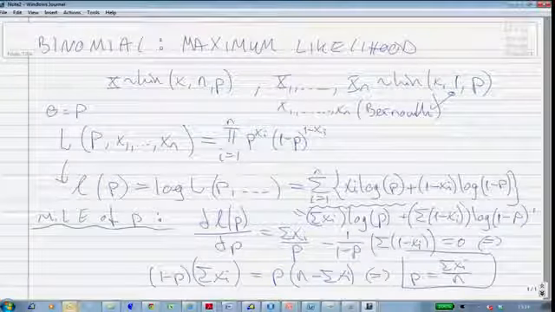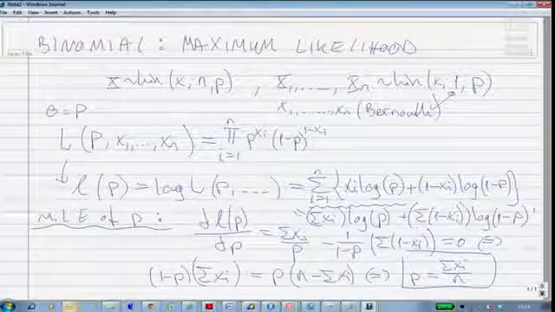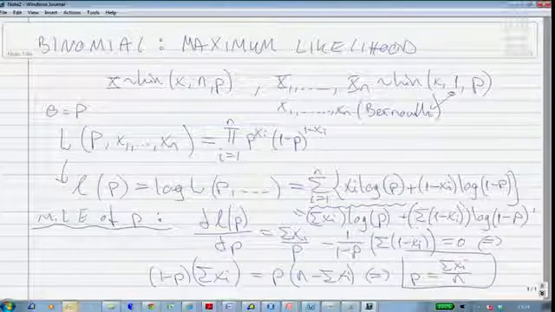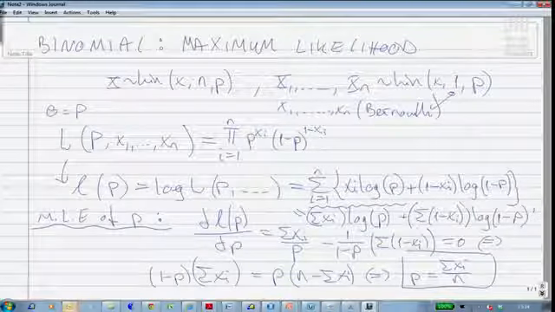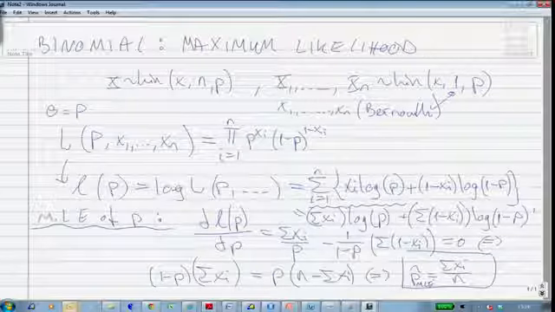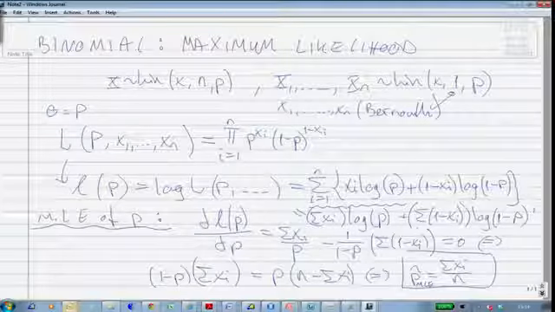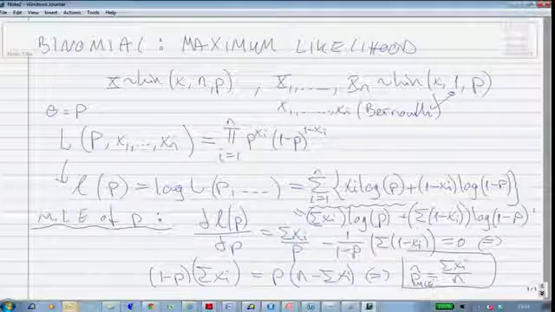If in the binomial you're going to estimate the underlying proportion p, of course, what would you do? You would count the number of successes and divide by the total number n, and that gives you the estimate of p. So we could add that this is then the maximum likelihood estimator. What we usually do in the binomial is actually maximum likelihood estimation of p.